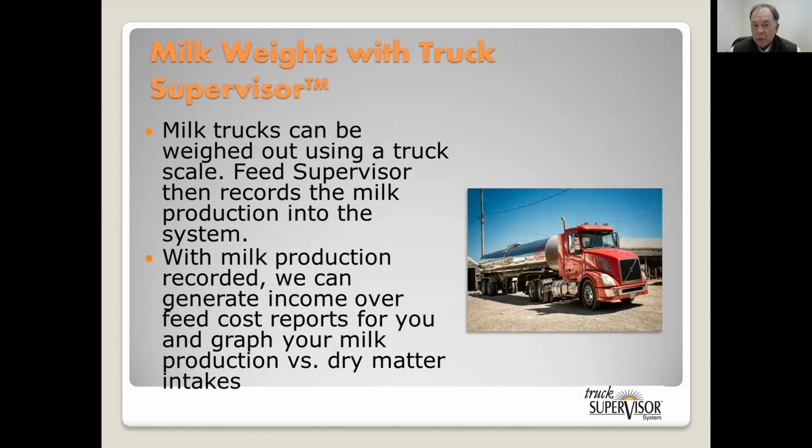We also weigh milk trucks so that the milk weights that leave the dairy can automatically load into Feed Supervisor. So now we've got incoming inventories, we've got outgoing milk, we know exactly what's fed to our cows so that we can have the ultimate feed efficiency calculations when all of these things are coming together.